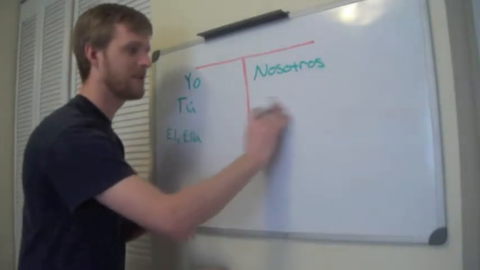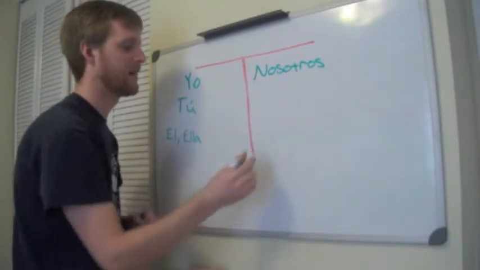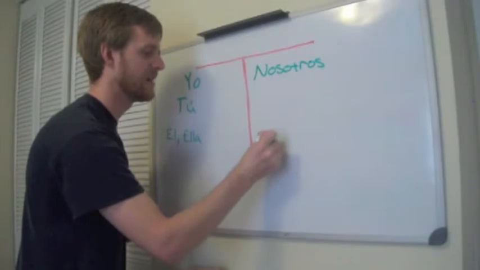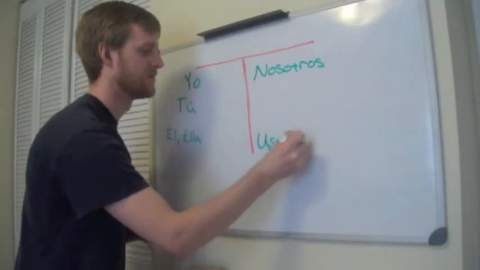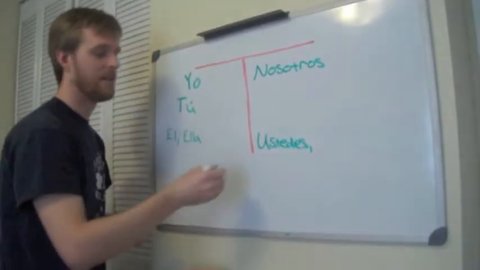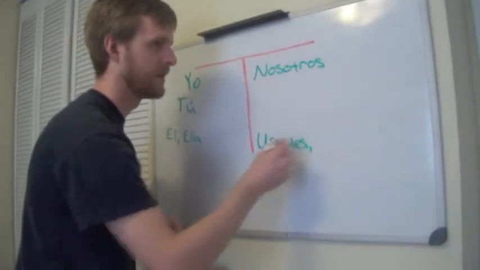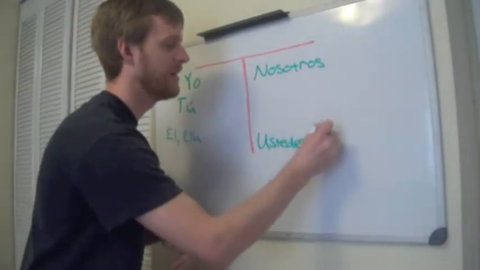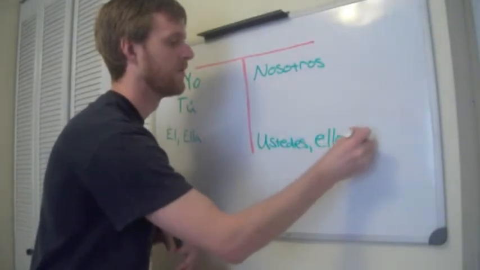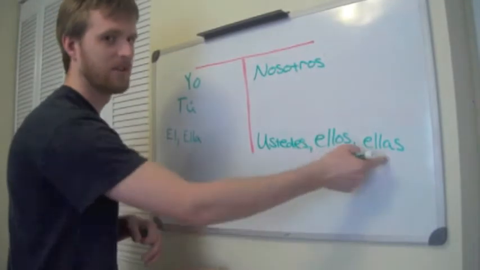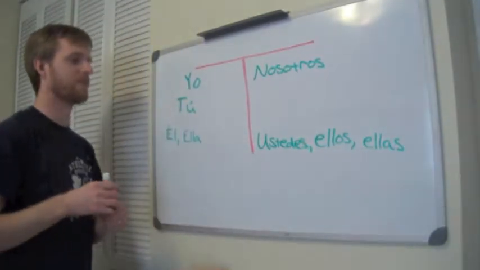So we're going to leave this area blank and just put it down here. So y'all in Spanish is ustedes. And then the them is ellos or ellas, depending on if it's masculine or feminine, which you probably also remember from Latin.